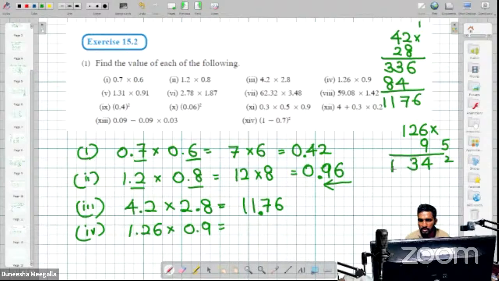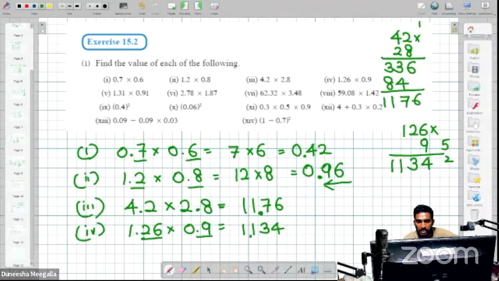We get 1134. Then how many decimal points? 2 decimal points in 1.26 and 1 in 0.9, so 1.134.